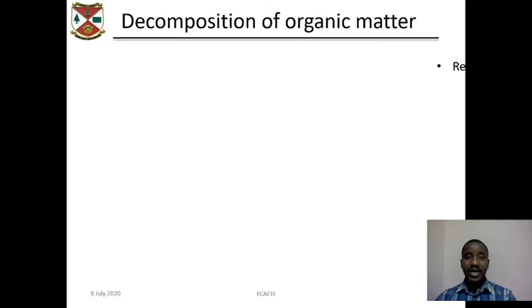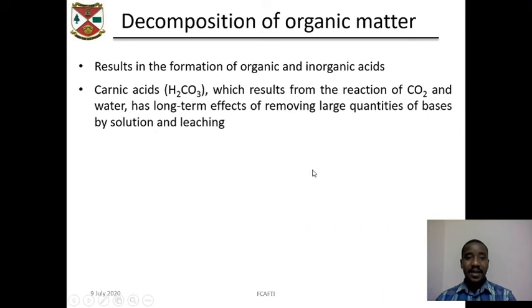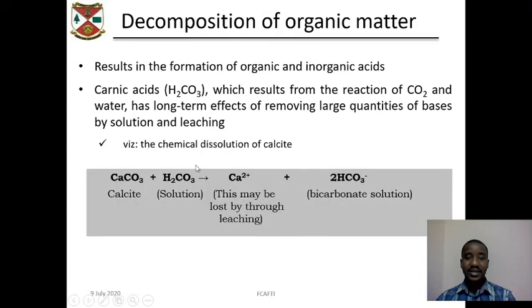Okay, and decomposition of organic matter results in the formation of organic and inorganic acids. Okay, carbonic acid, which is H2CO3, results from the reaction of carbon dioxide and water and has long-term effects of removal of large quantities of bases by solution and leaching. The chemical dissolution of calcite is an example.